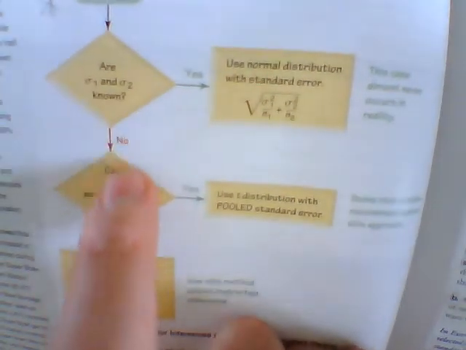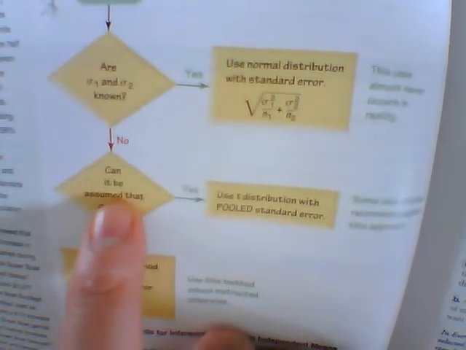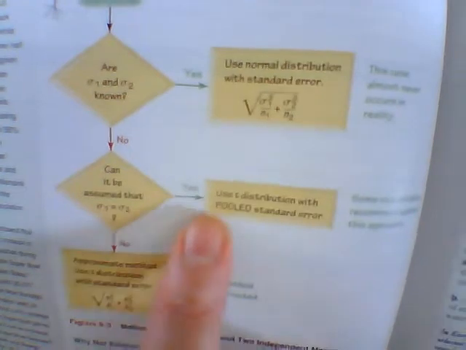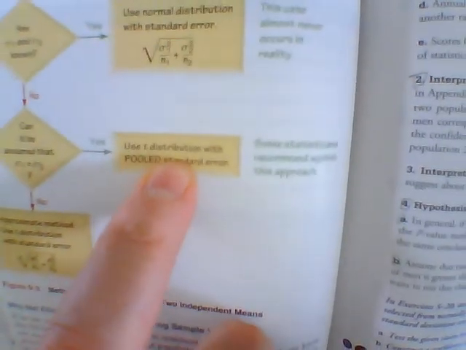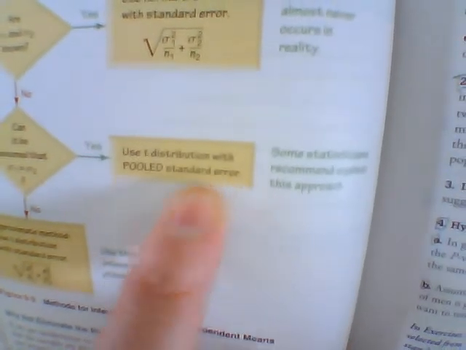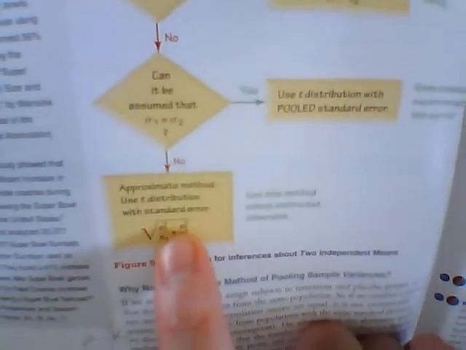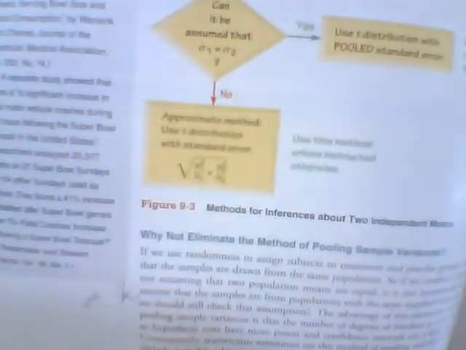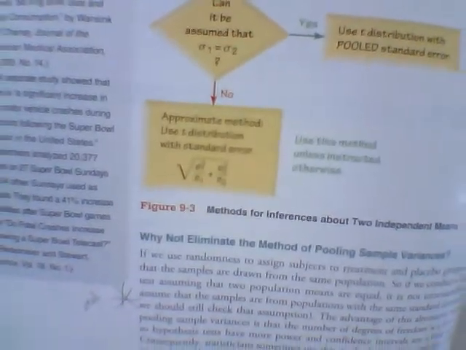If they are not known, we ask, can it be assumed that they're equal to each other? If it can be assumed, we're going to have to use a t-distribution with pooled standard error. If it's not, then we're going to approximate using a t-distribution with the standard error. So there's a couple of little differences in how this goes about.